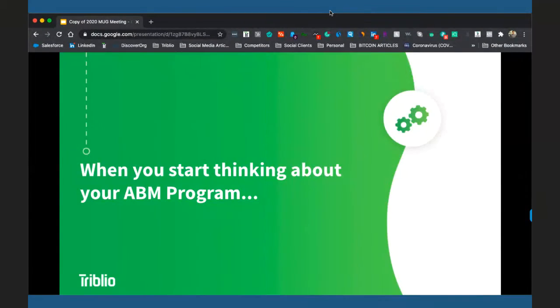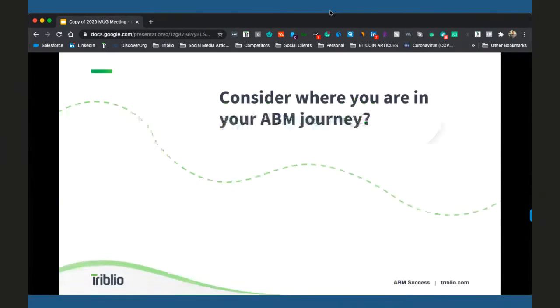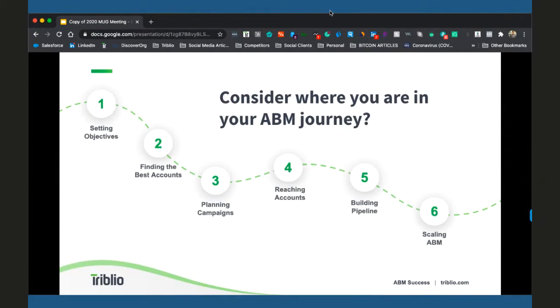And so when you start to think about your ABM program, we generally find that our customers will go through 6 very repeatable steps in forming where they are within their ABM journey.